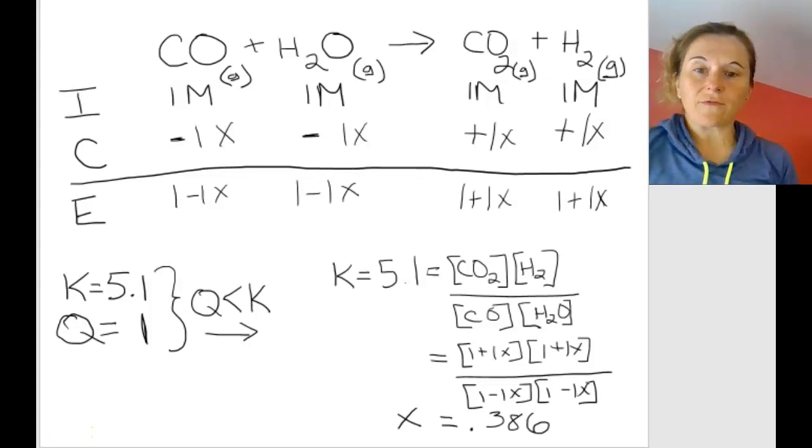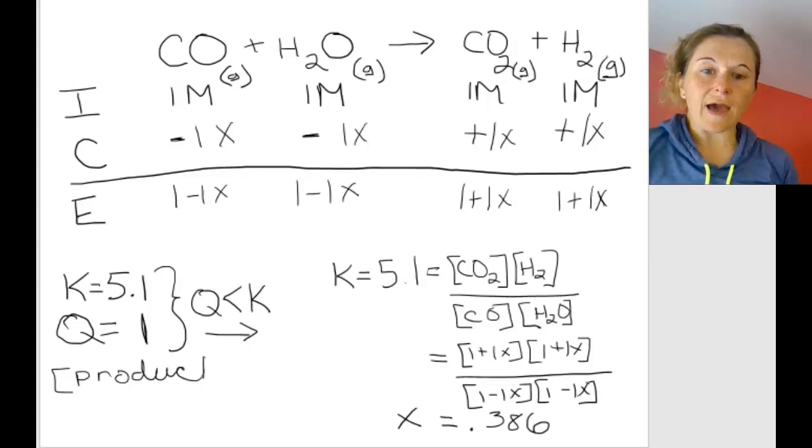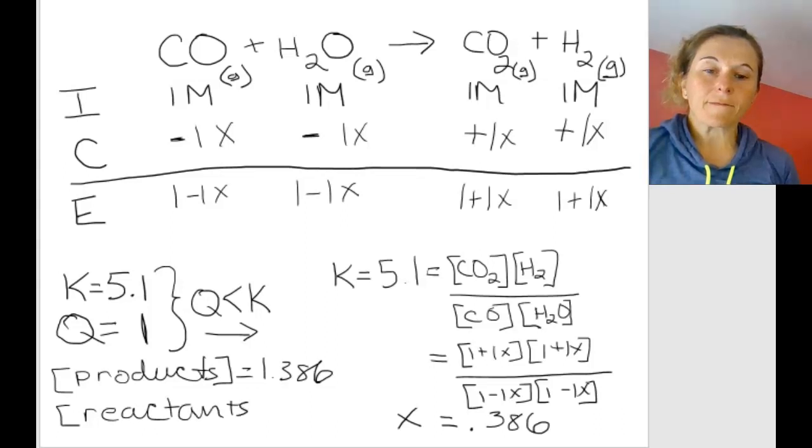Remember, they're looking for concentrations, so for our products, we've got to add, so that's going to equal 1.386, and the concentration of our reactants equals 1 minus 0.386.